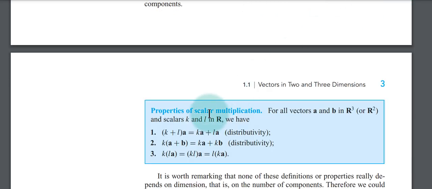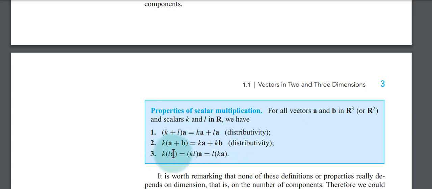And from that definition, there are some properties that we can recognize. For example, if you have (k plus L) times A, it's the same as like this. You can distribute the A to the K and the L like this. And then K times (A plus B), you get this.